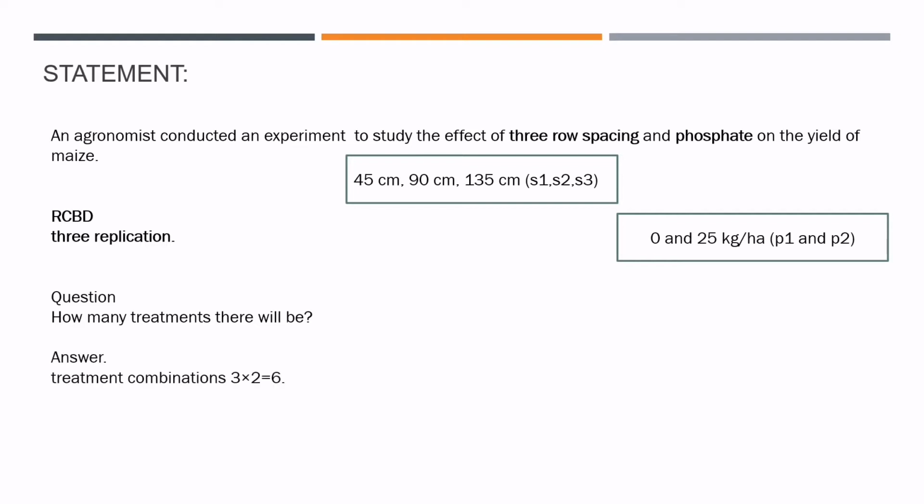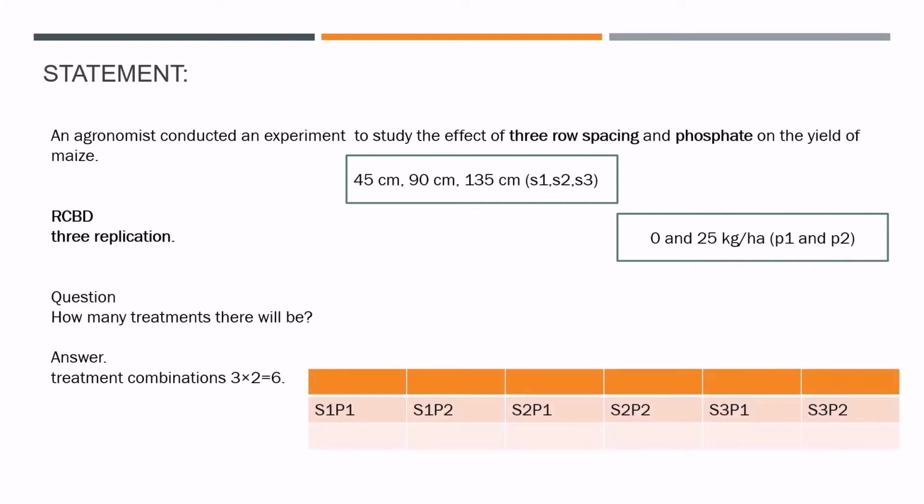While phosphate has two levels, 0 and 25 kg per hectare, P1 and P2. So the total treatment combinations are 3 multiplied by 2, which is equal to 6.